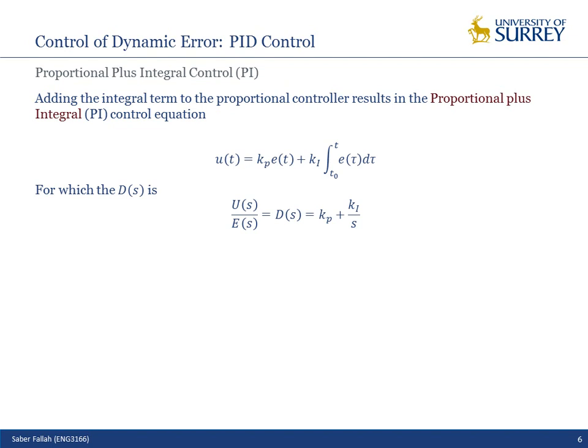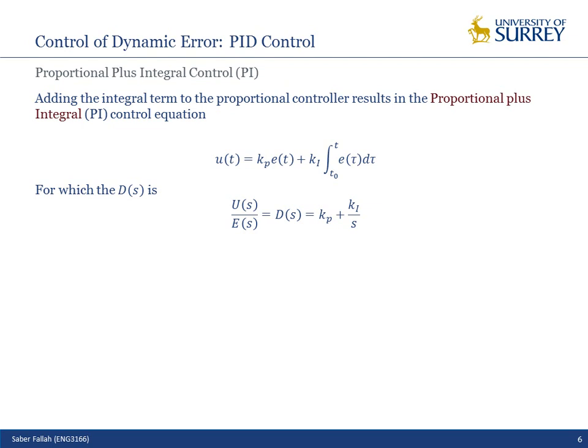The integral controller has dynamics. What does it mean? What dynamics comes from this relation? Exactly, s, 1 over s.